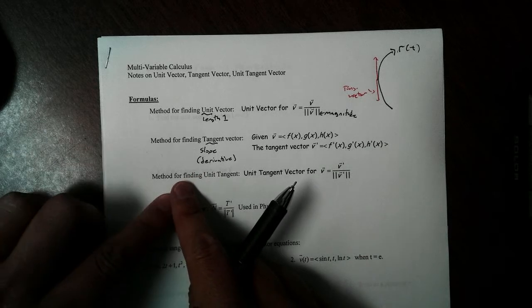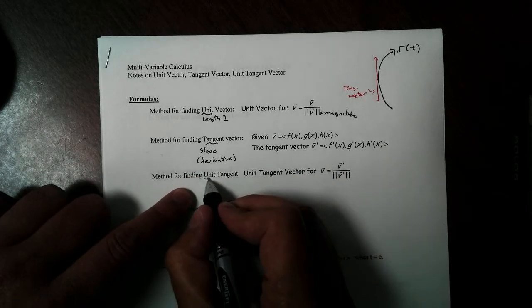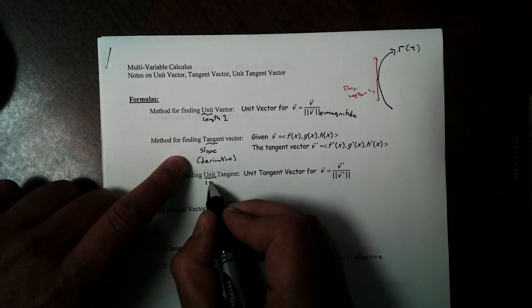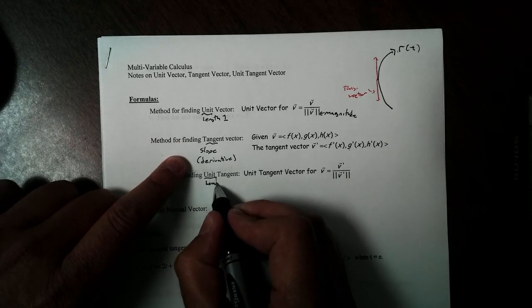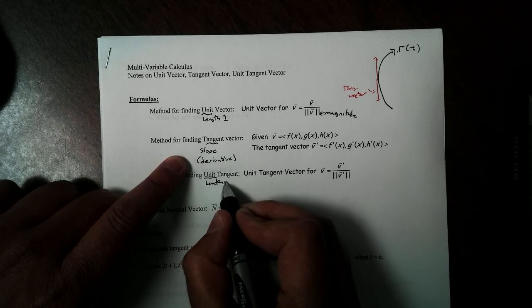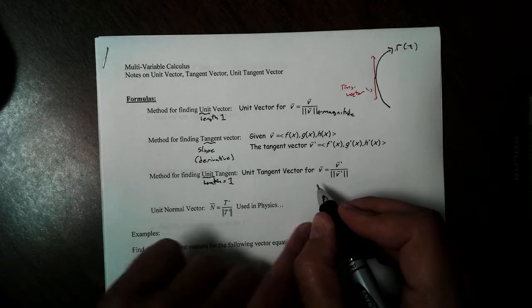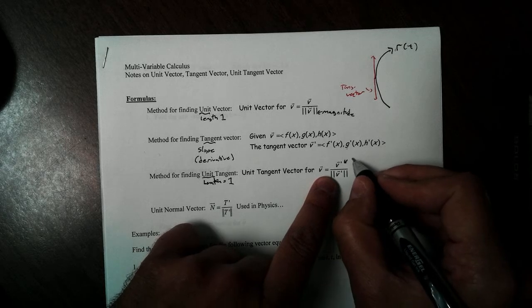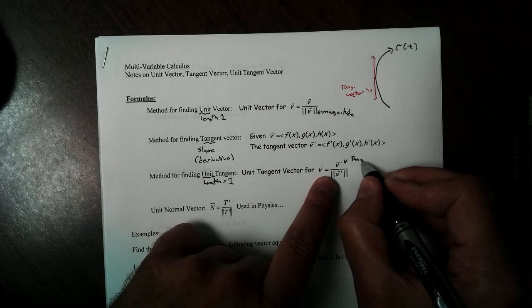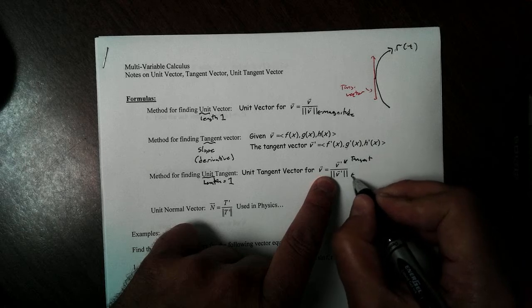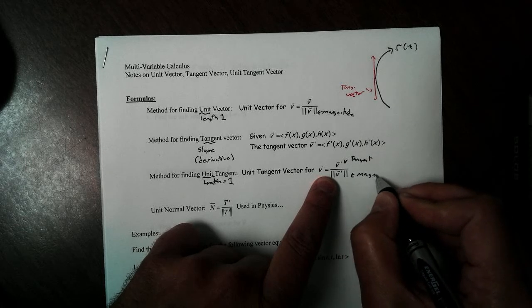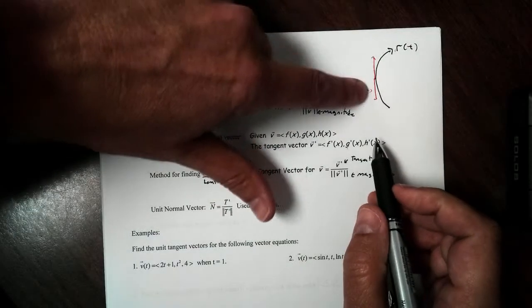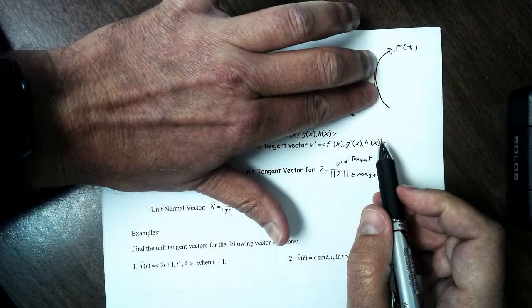And then to find the unit tangent vector, again, this is going to be the same vector above, but just 1 unit long. So I have the length of 1. What all this has to do is you're going to take the tangent vector and divide it by its magnitude. So that's going to be our tangent vector, but only 1 unit long.